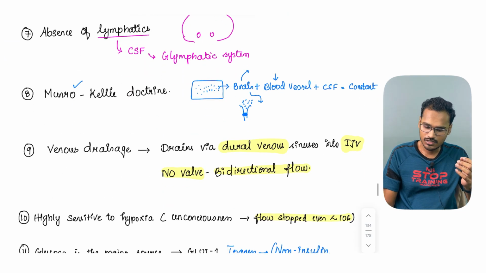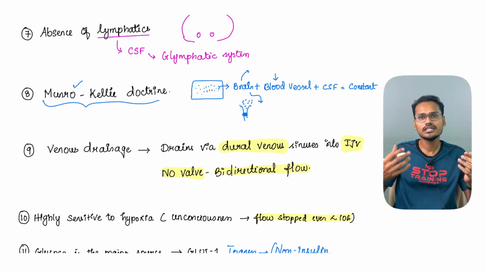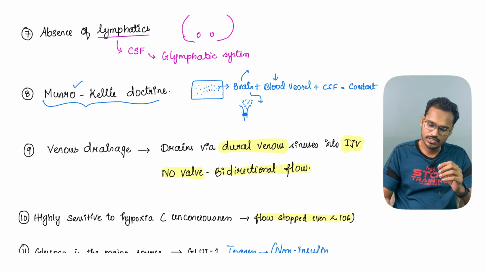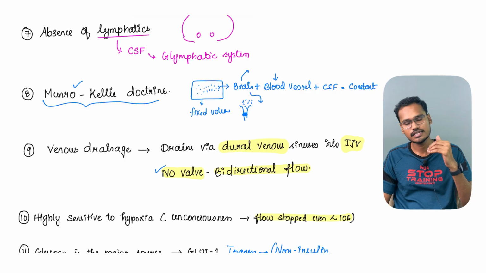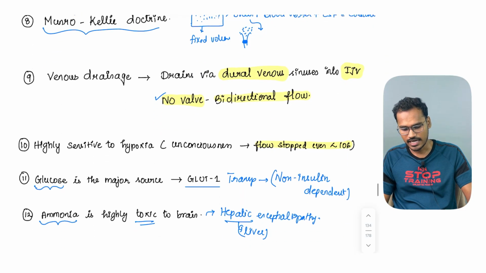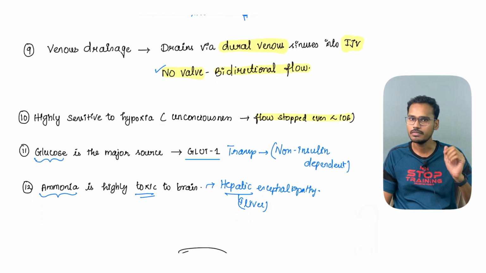And there is one special law called the Monro-Kellie doctrine. In other areas, tissue tends to expand, but here it doesn't, and this causes compression because the cranial vault is a fixed volume. This is important. And the venous drainage is special because it does not have valves, it has bidirectional flow, and the brain is highly sensitive to hypoxia, and glucose is the major source.